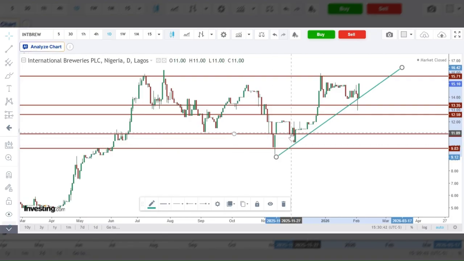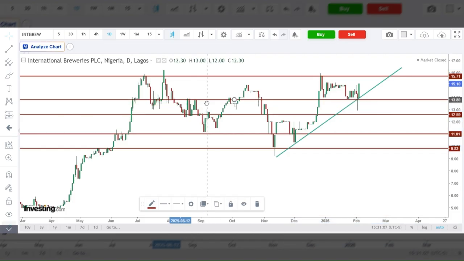The resistance becoming support also. Then this place too. Yeah, resistance becoming support. Okay, then here also. Let me see if I place this. Okay, let me see if this moved up a bit here.